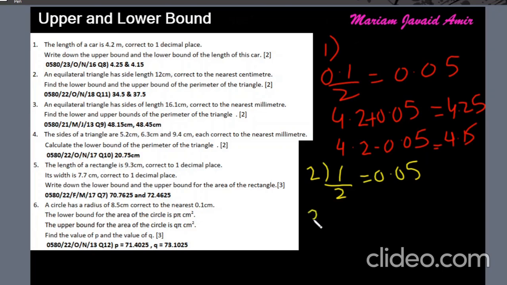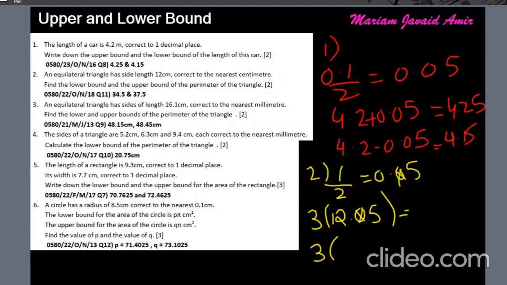So the upper bound for the perimeter will be 12 plus 0.05, wait, this is not 0.05, this should be 0.5, yes.